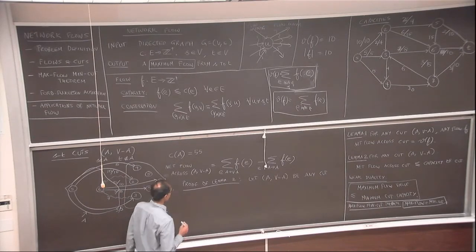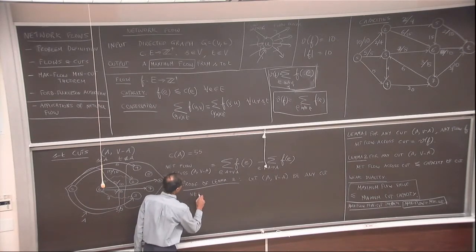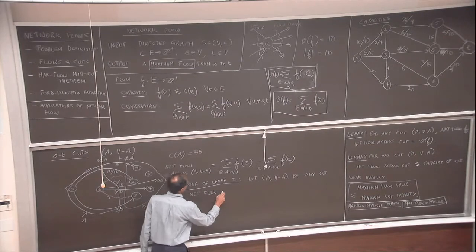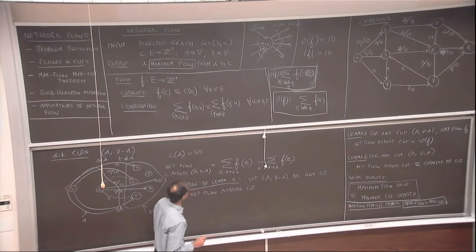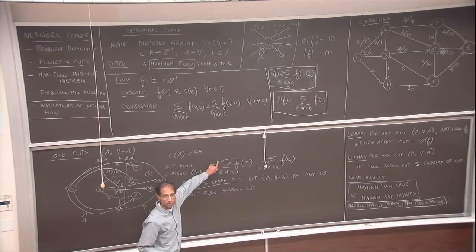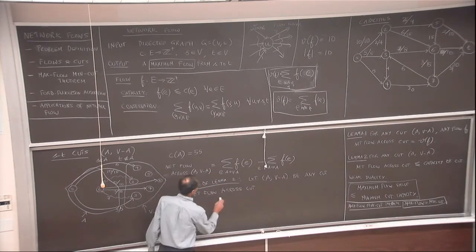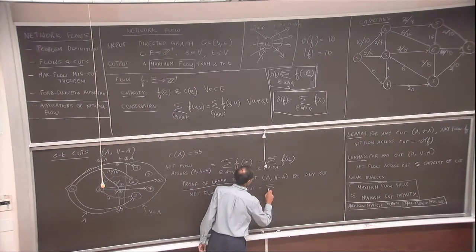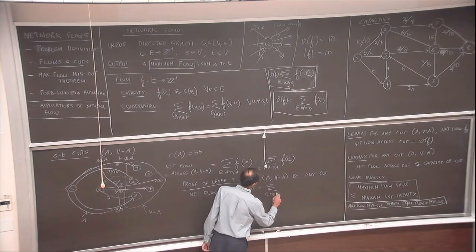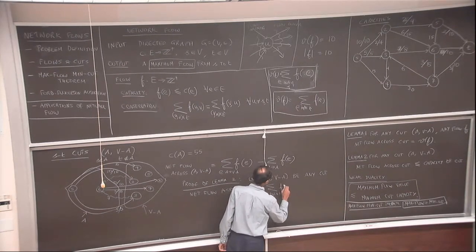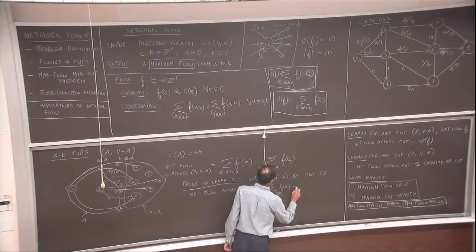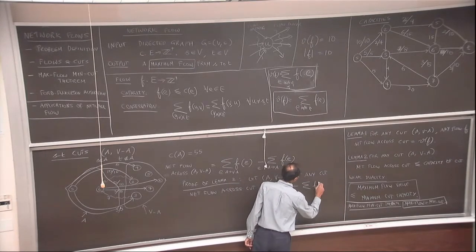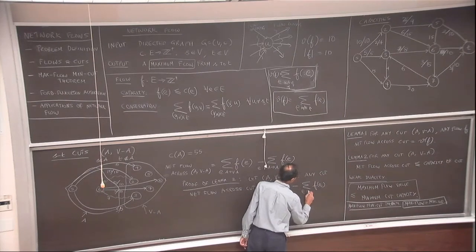So what is the net flow across the cut? Well, the net flow across the cut is this quantity: the summation of F_e over edges going out of A minus the summation of F_e over edges going into it.